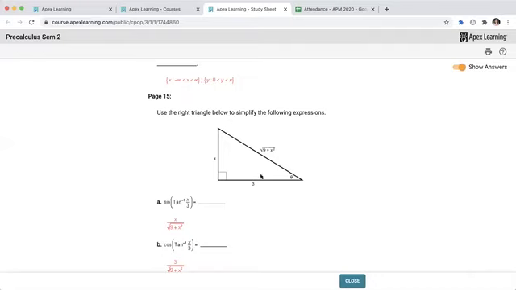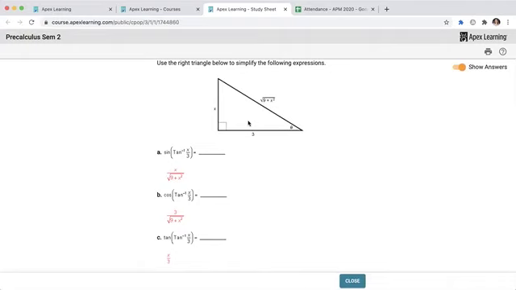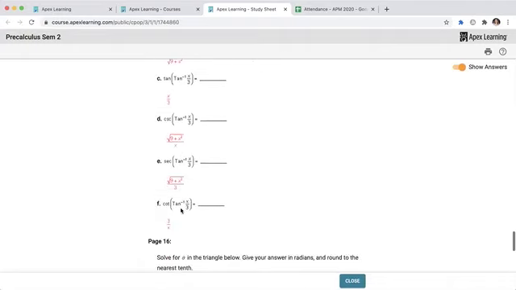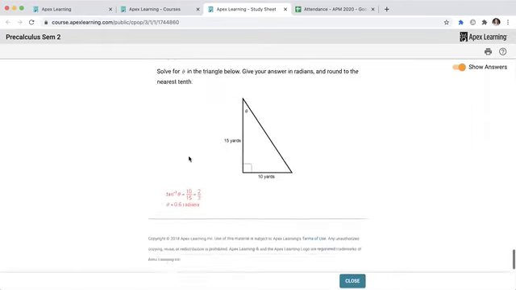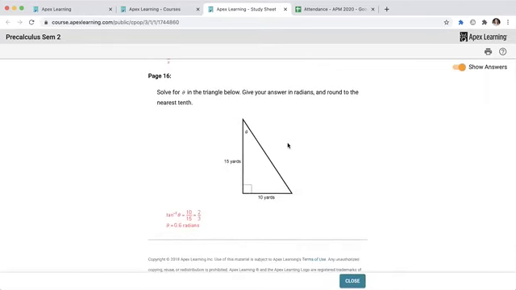I can use my Pythagorean theorem to solve for the rest of my triangle, and then I can figure out my sine, cosine, tangent, cotangent, all of those trigonometric functions here. And then here again, this was our garden problem.